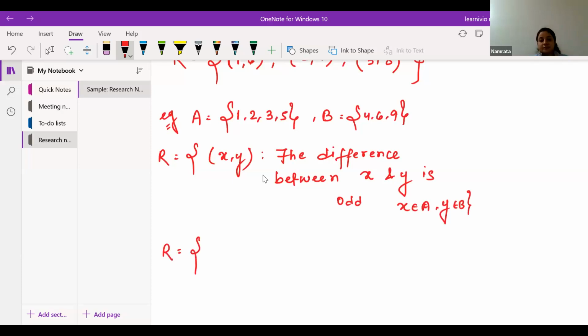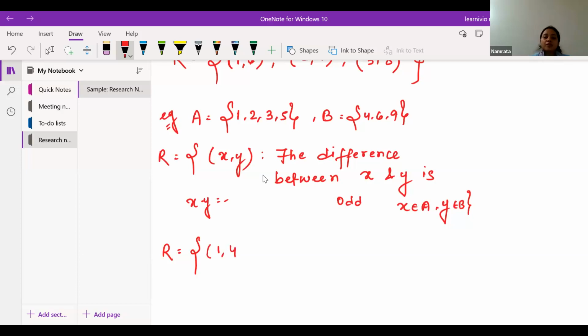Yes, Izan? We have to list down all such ordered pairs where the difference between x and y, like x minus y, has to be an odd number. 1 and 2. 1 and 4.